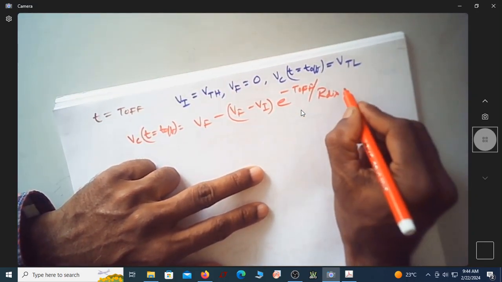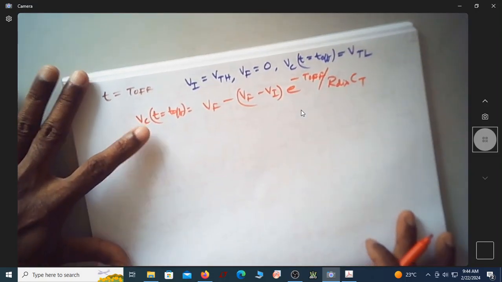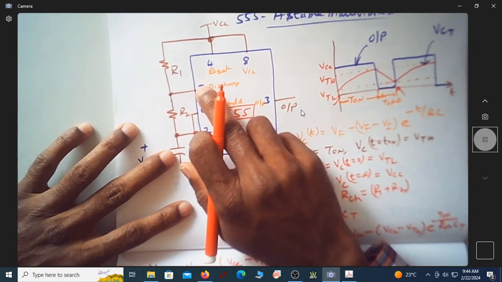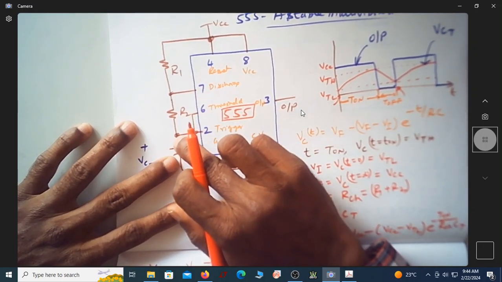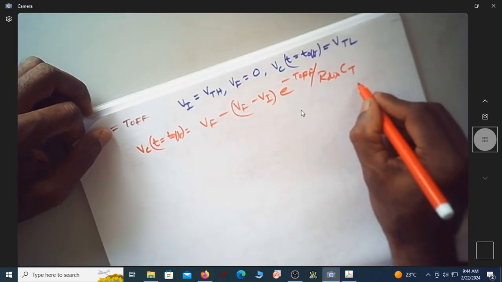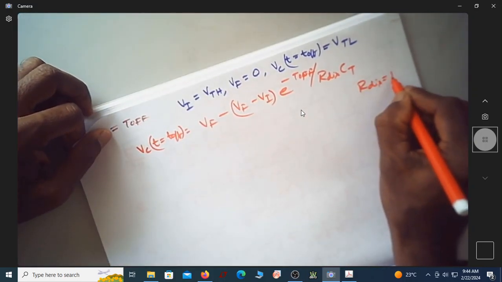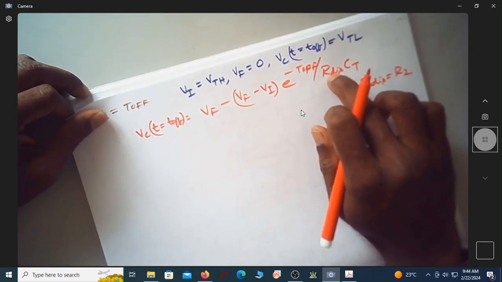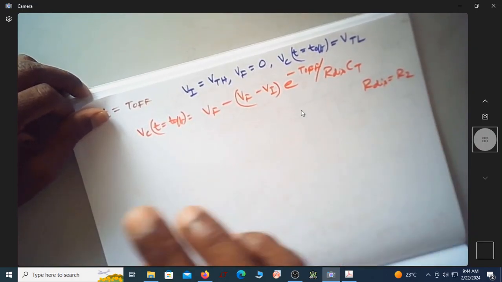Coming to your circuit diagram, this is your capacitor, this is your discharge path. While discharging, it will flow through only R2. So R discharge is actually R2. This is general writing, and this is specific to this circuit.